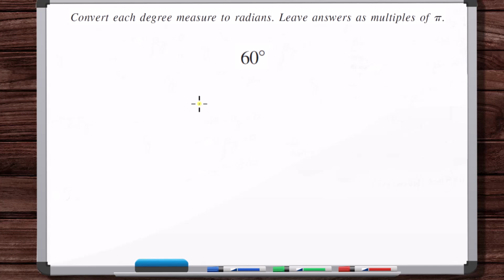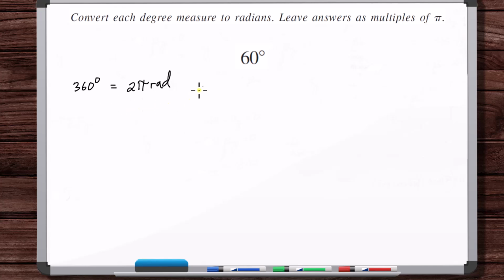That's one way to think about a conversion factor, but it can be any relation. If this group of degrees equals this group of radians, that's fine too. So we know that in a full rotation, there's 360 degrees, and in the same full rotation, there's 2 pi radians. There's your conversion factor.